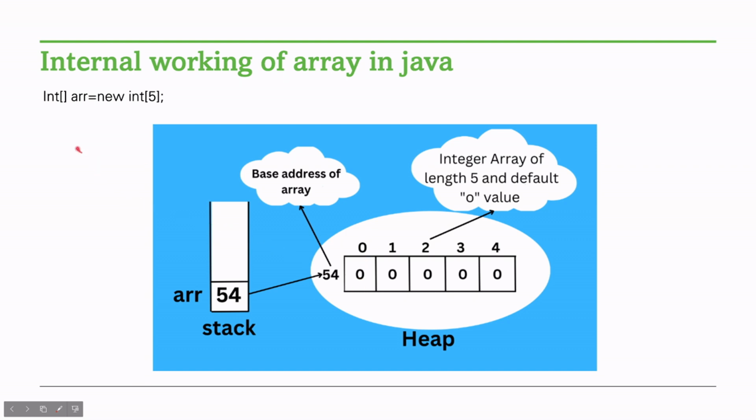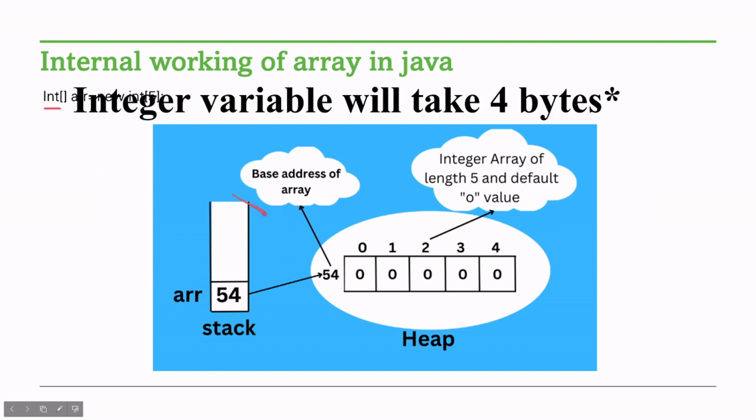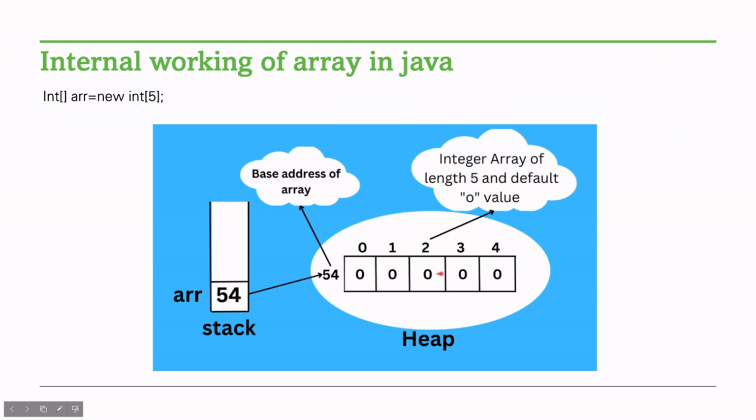Here I have an integer array. One integer will take 4 bytes of space, and that is the reason why I can say that each block, when we declare this integer array, will take 4 bytes of space. And this is how a continuous block of the array is assigned in the heap. Each will take 4 bytes.